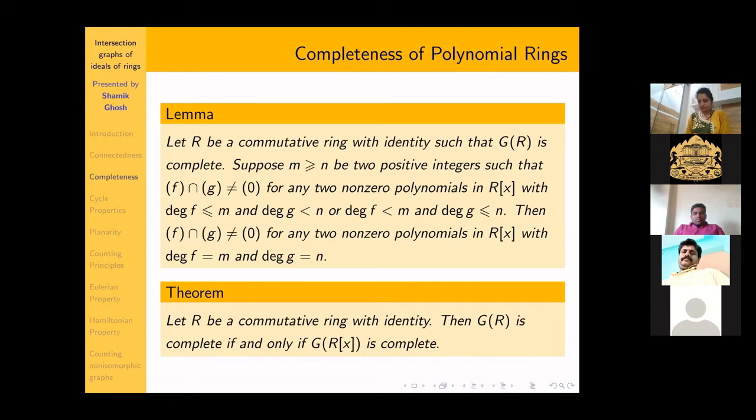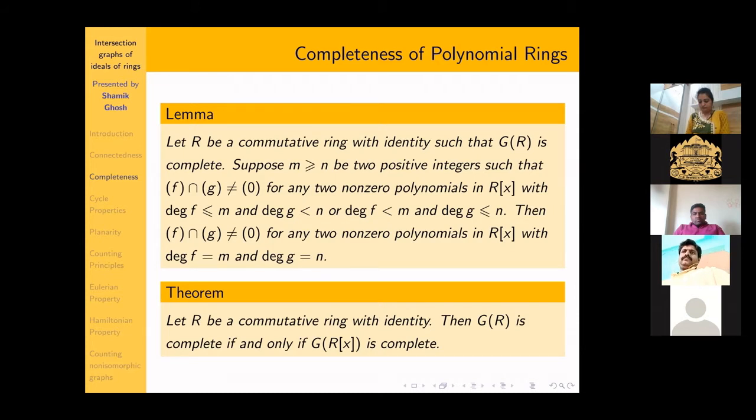Here one part is obvious: if the bigger one, that is the polynomial ring, is complete, then the graph of R is also complete, as an induced subgraph of it.